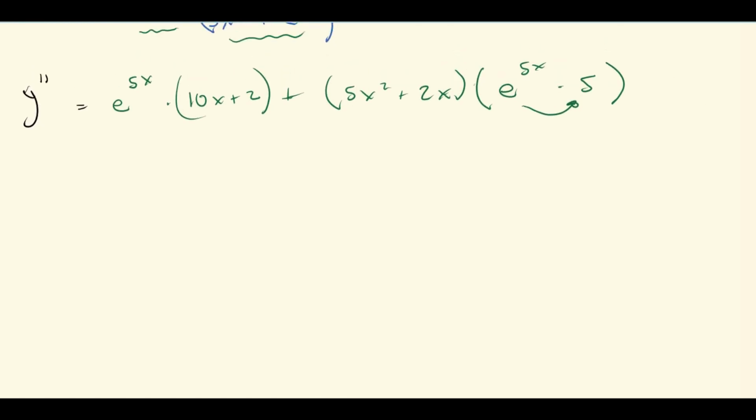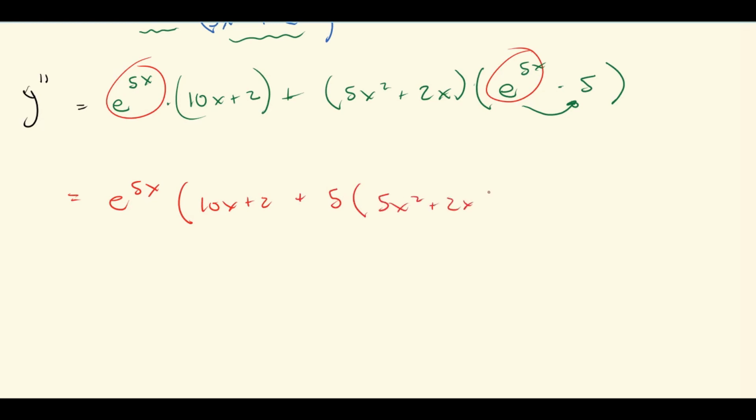So we'll start by factoring out an e to the 5x from both terms, which will give us e to the 5x times 10x plus 2 plus 5 times 5x squared plus 2x.